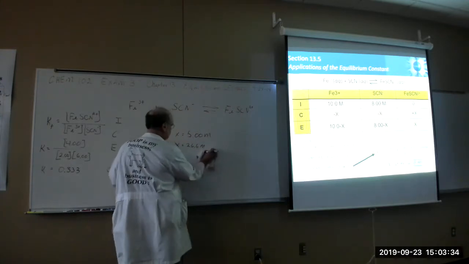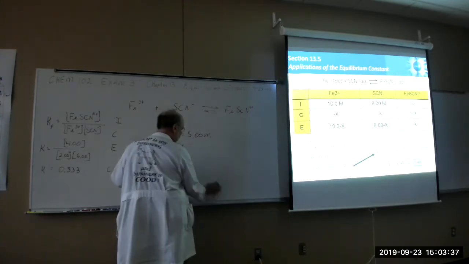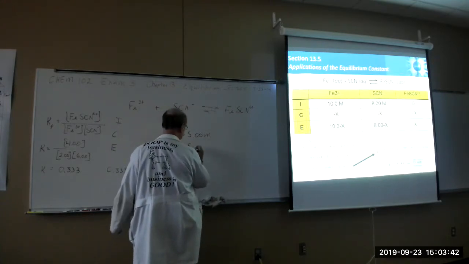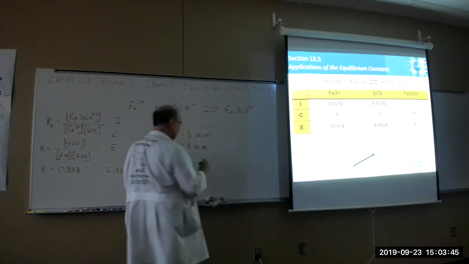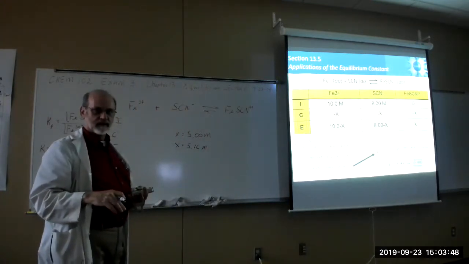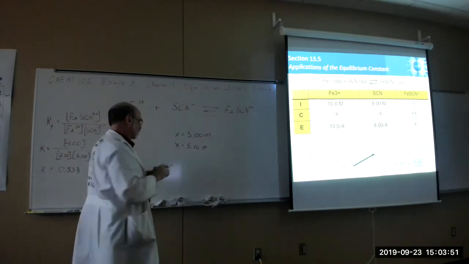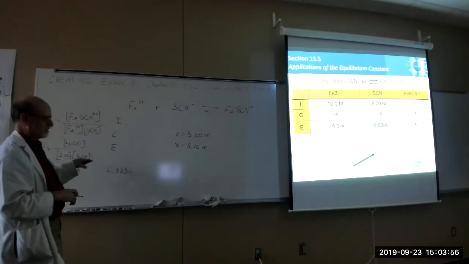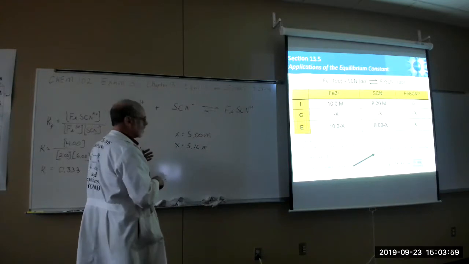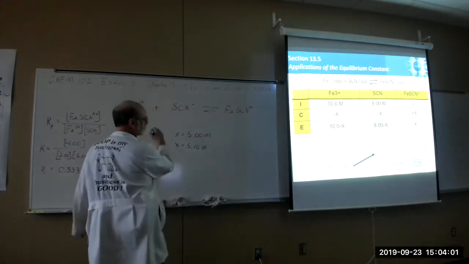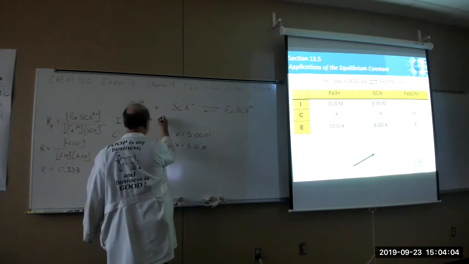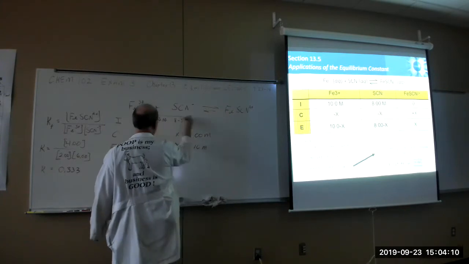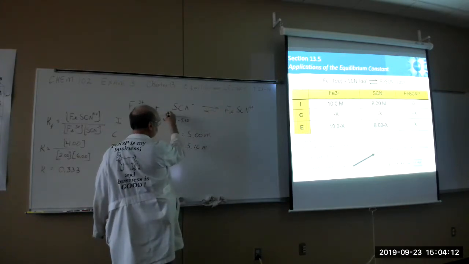But suppose, for argument's sake, we came up with a value that was 5.10. Is that close enough to accept? Yes. There's a 5% rule. So what you would do is you would plug that X into your expression. If we started off with 10 and 8, it'd be 10 minus 5.10, and 8 minus 5.10, and then we would have up here 5.10.